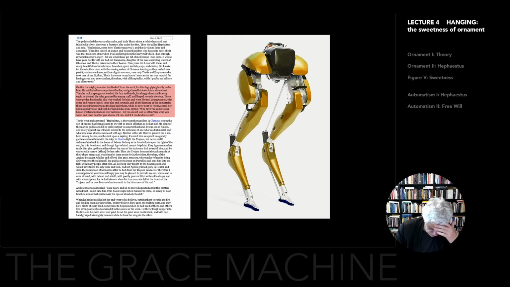And one of the most beautiful descriptions is, I think I have to read that, and this is again Samuel Butler's translation. "On this the mighty monster," that's Hephaestus, "hobbled off from his anvil, his thin legs plying lustily under him." So that's the seal on land, flop flop, waddling around in the forge. "He set the bellows away from the fire and gathered his tools into a silver chest.